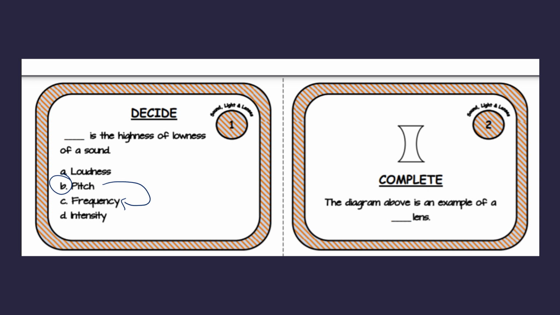Here you have an example of a concave lens, and you can think of this as being like a little cave. It has that shape. As light comes in, it's going to be moving out through this in that format.